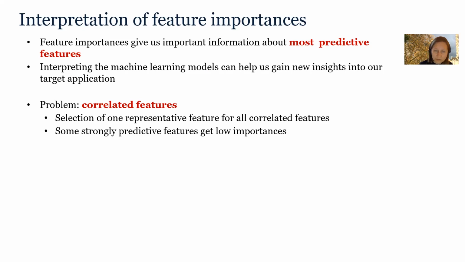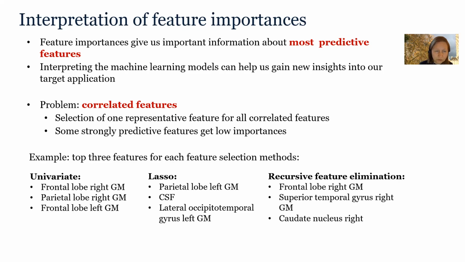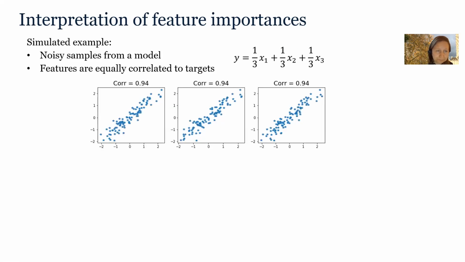So this is obviously a problem for interpretation. And I want to demonstrate it on our example from previous slide. For the 3 feature selection methods that I evaluated, I here selected 3 top ranking features. And you can see that they are actually different for each method. So this demonstrates the problem.